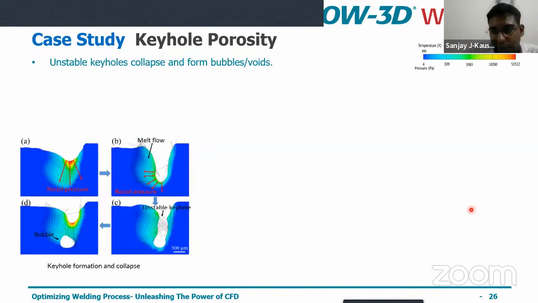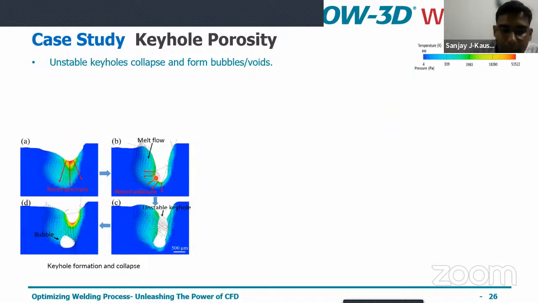So here we have a bunch of images from the simulation results and how a porosity is getting formed. When the laser hits, we have a laser hitting over here. It is not visible in the image. When the laser hits in a very perpendicular direction, there's a recoil pressure or a vortex. The melt pool here forms a vortex, which makes the liquid metal rotate in this particular vortex. The vortex rotates like a whirlpool.